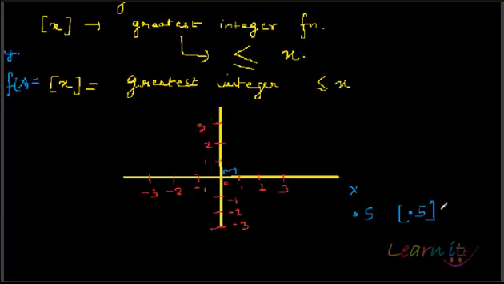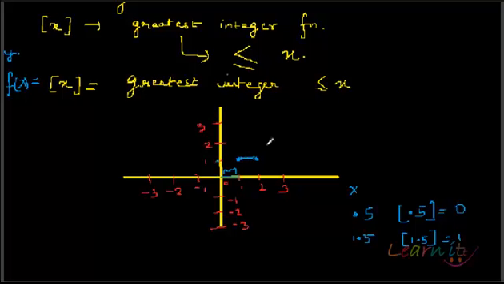For 0.5, my y value will be 0, because that's the greatest integer less than or equal to 0.5. So the point for all the values between 0 and 1 will actually be just 0, right? And the point for 1.5, which is between 1 and 2: the greatest integer function of 1.5 will be 1, right?